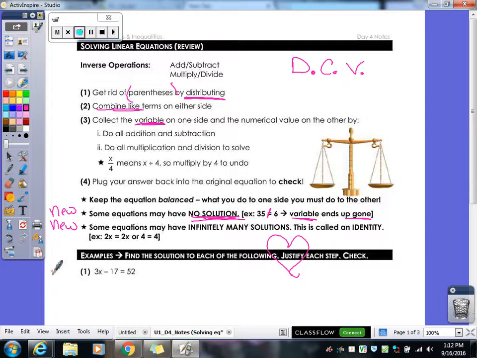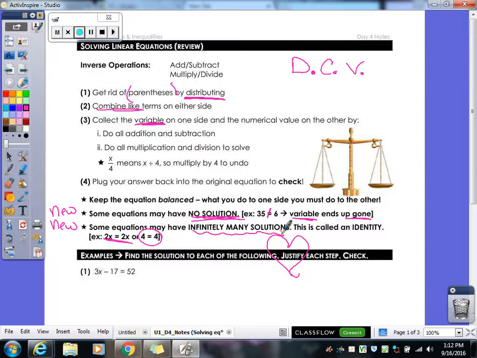And the other new thing is that sometimes you'll get a number equal to a number or a letter equal to a letter, and that's called infinitely many solutions. So those are two new things that they throw in there. And the Regents does throw those in there sometimes, and they won't tell you this could be no solution or infinitely many solutions. All right?